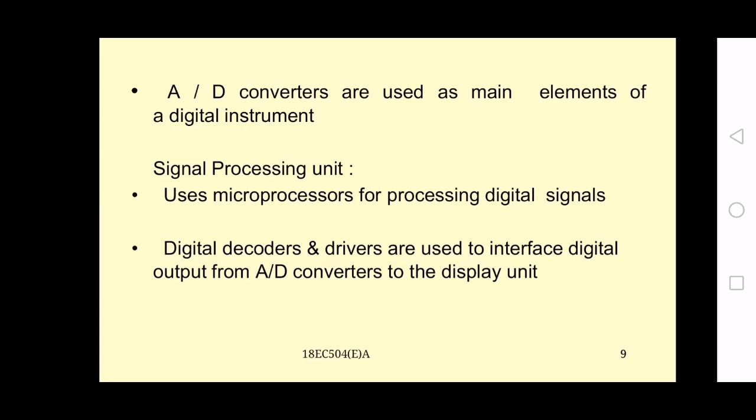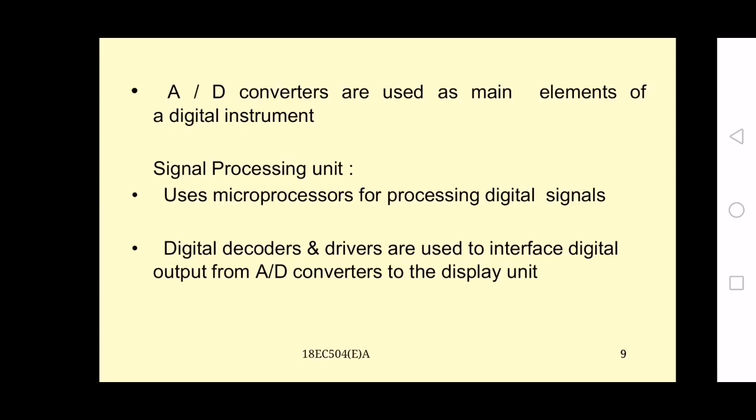Digital decoders and drivers are used to interface the digital output from the analog to digital converter to the display unit. The signal coming from the analog to digital converter is very low strength, so it has to be amplified and given to the drivers, and the decoders will decode the digital data, which will be given to the display unit through the drivers.